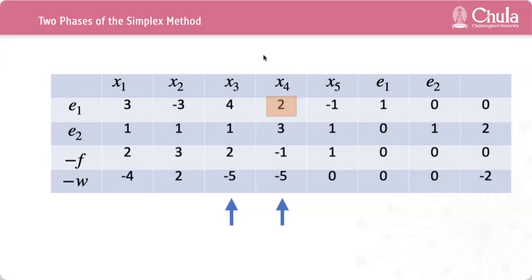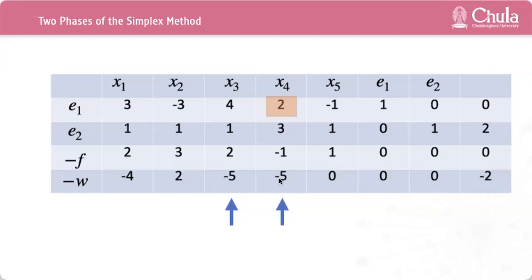On what basis we select the column? Why don't we go for x1 or x2 column? Well, the most negative. You see, the most negative is -5, right?